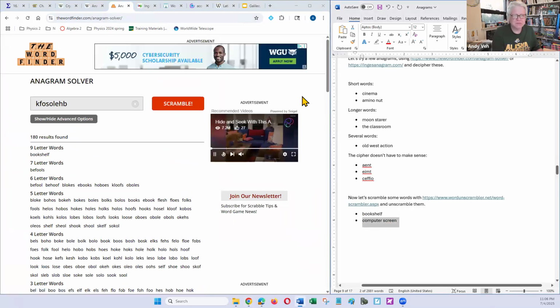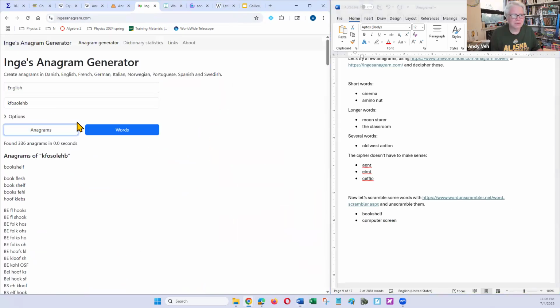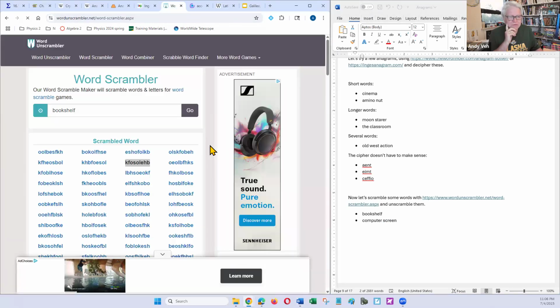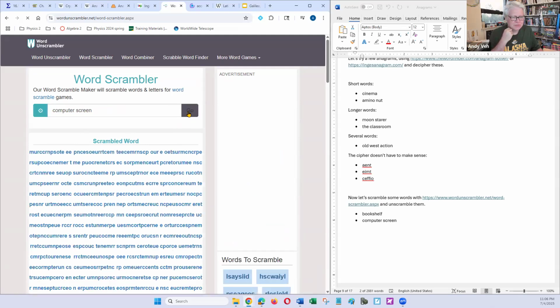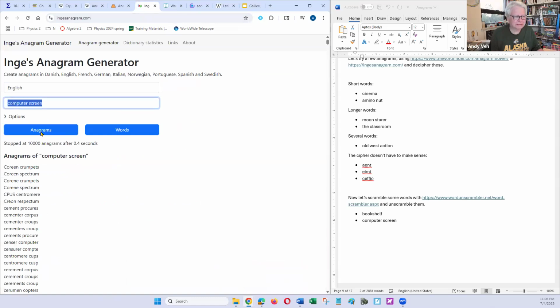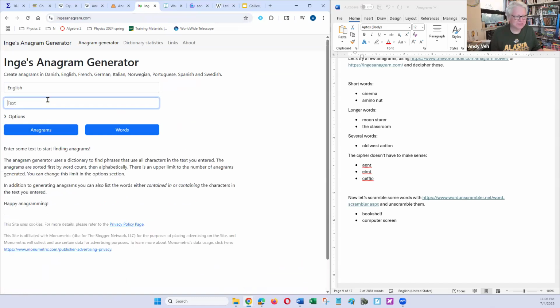I'm going to take computer screen. Let's see what happens here. Oh, actually, I meant to go in here. Oops, might have already compromised one of them here. Let's see what happens. Okay. All right. Let's take this one here. And yeah, we've kind of compromised it, right?